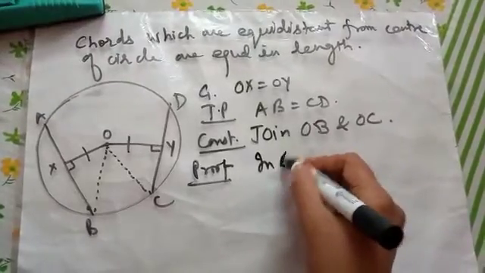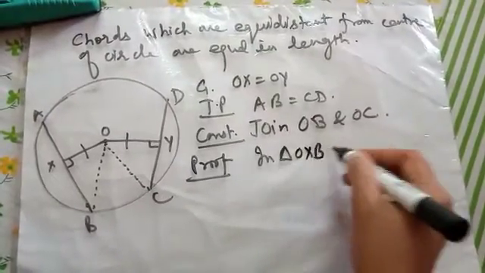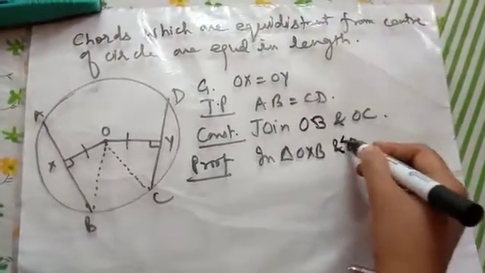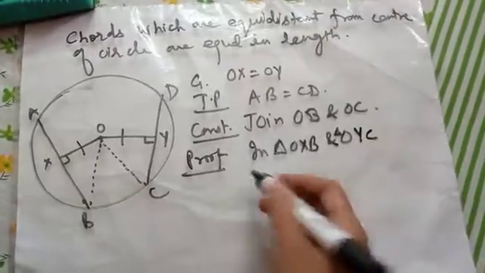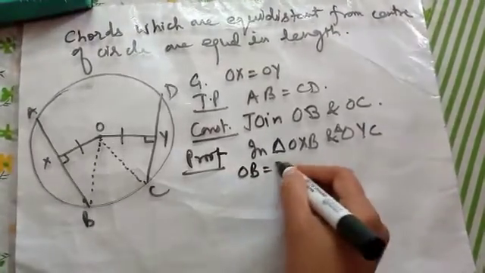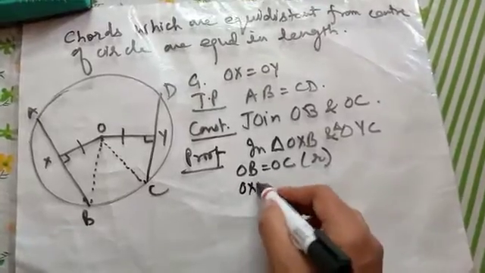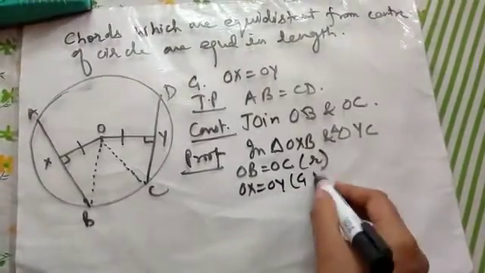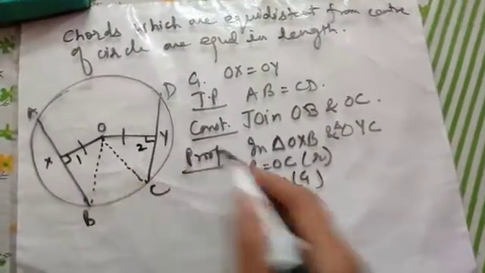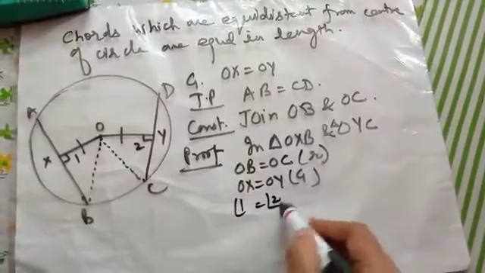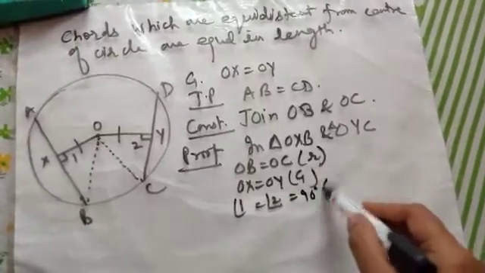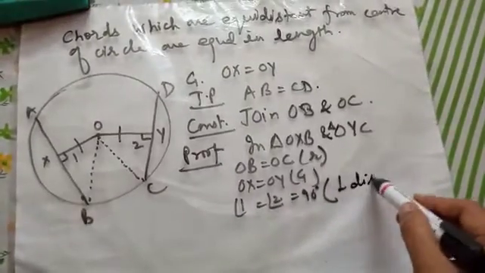In triangle OXB and triangle OYC, OB is equal to OC. Why? Because the radii of the same circle. OX is equal to OY. This is given. Angle 1 is equal to angle 2, 90. क्यों है 90? Because perpendicular distance होता है.